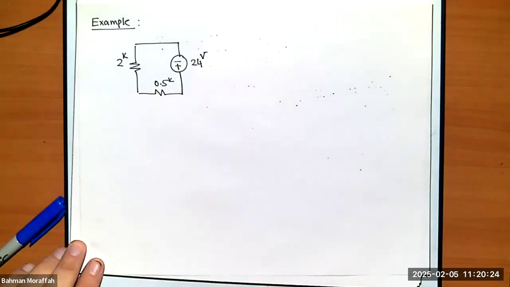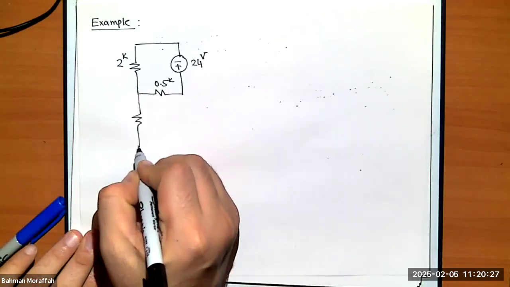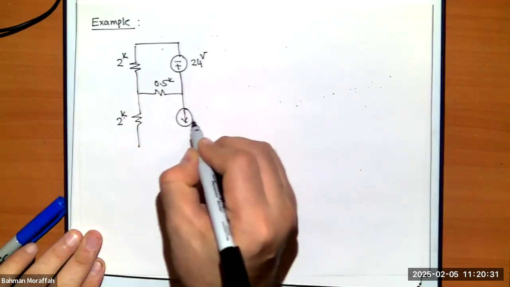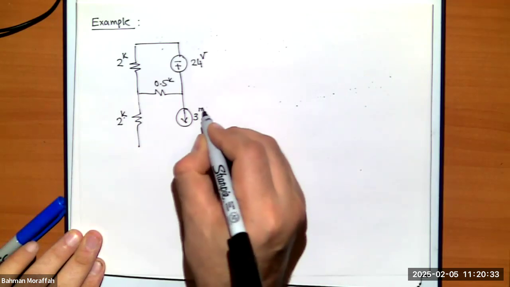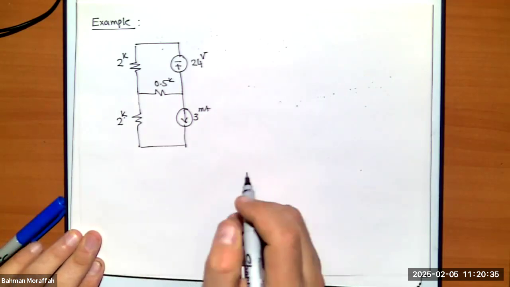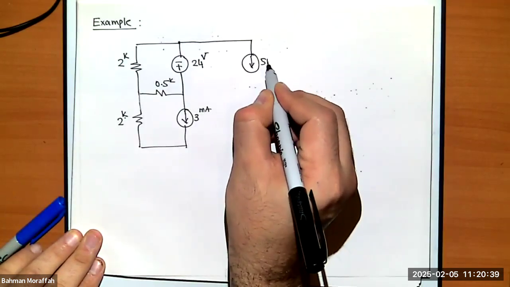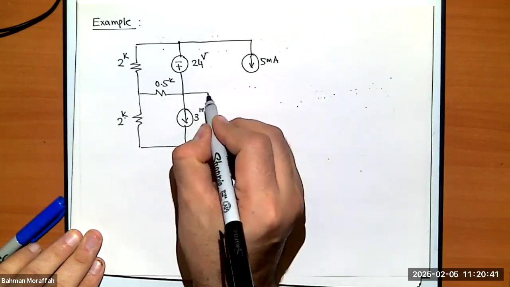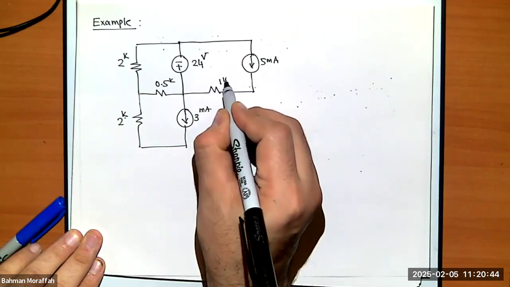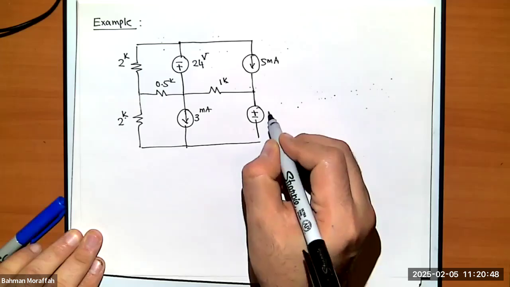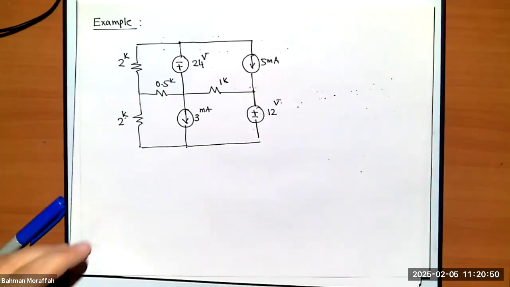Another resistance in the middle, one over here as well, followed by a 3 milliamp current source. Another current source with a 1K resistance here, and a 12 volt source over here.